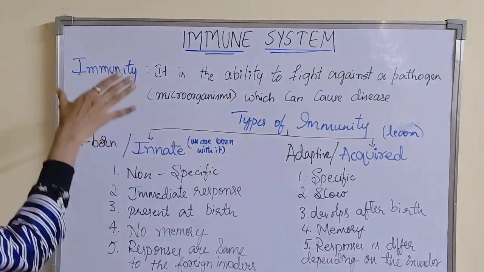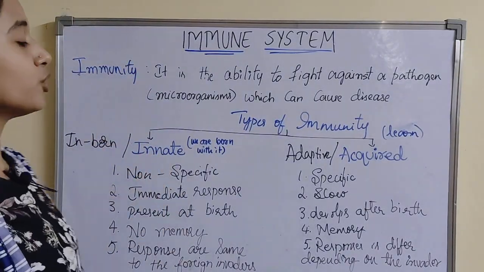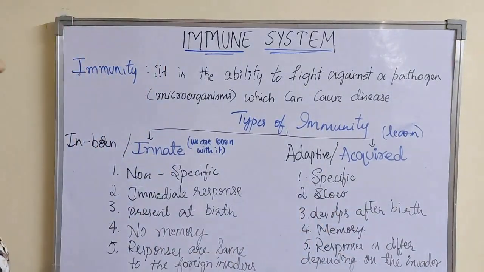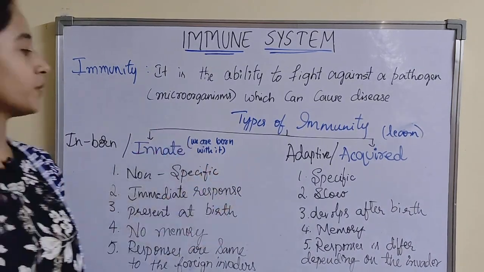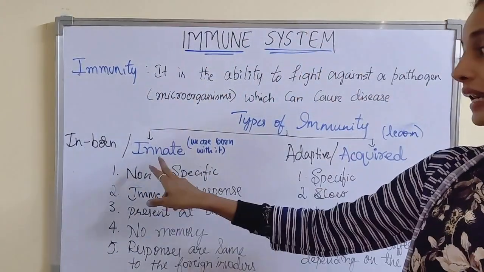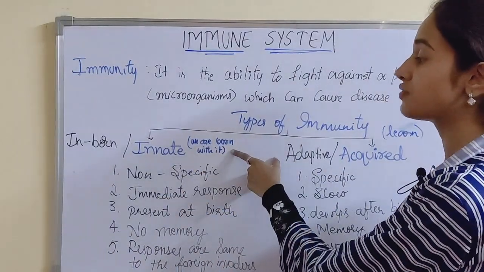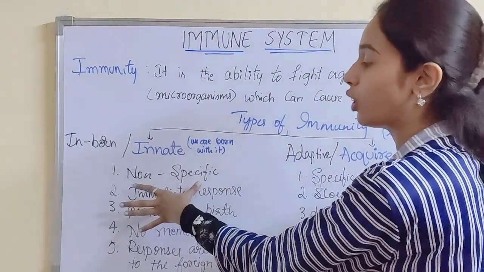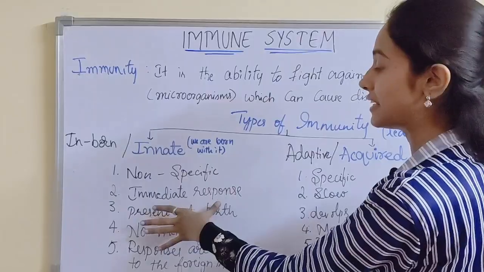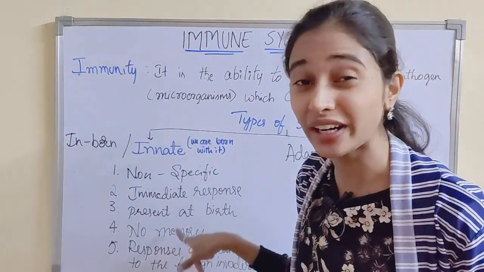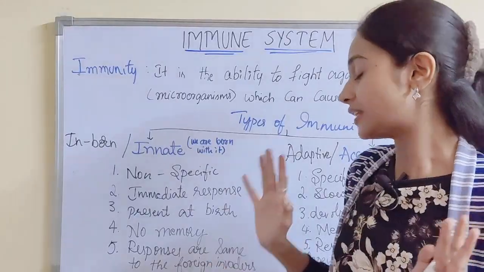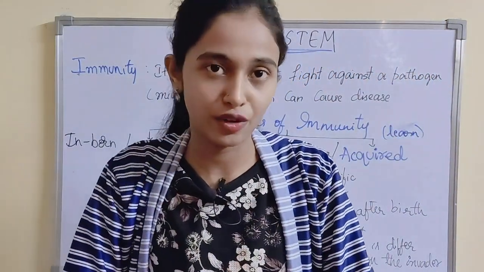Okay, so these are the characteristics of innate immunity and acquired immunity. We will summarize this. Innate immunity is an immunity which we are born with. It is a non-specific type and it gives an immediate response, present at the birth. No memory, it doesn't keep any memory, and the response is seen for all the foreign invaders.